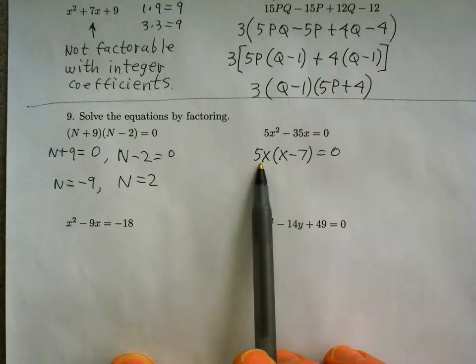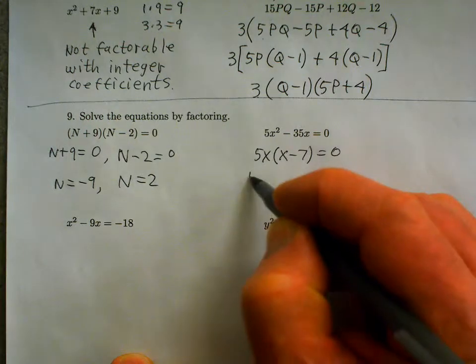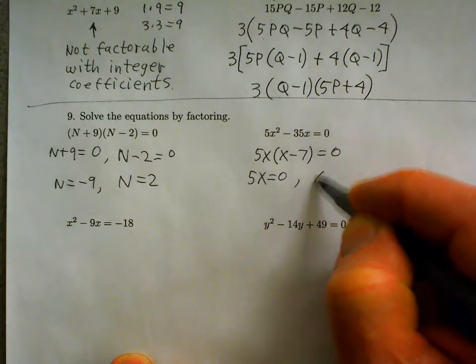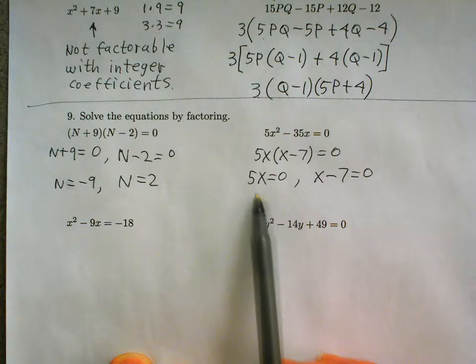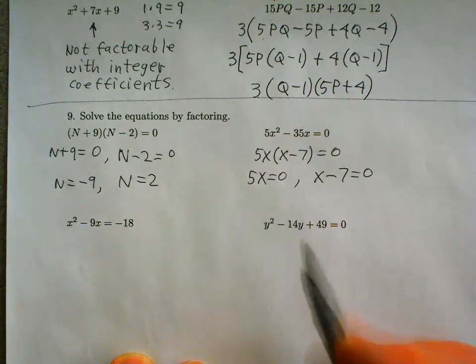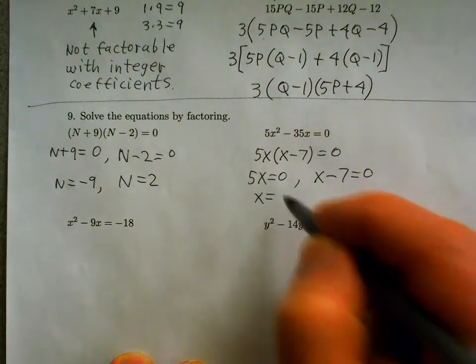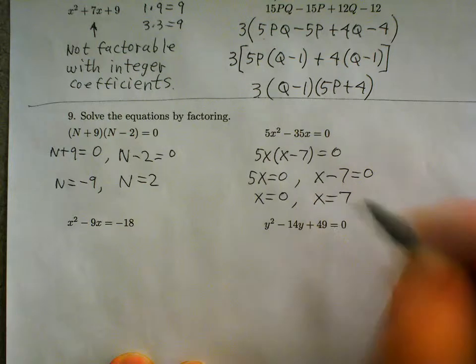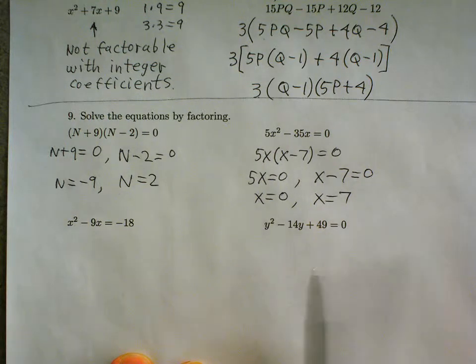So what we can do is set each of the factors equal to 0. 5x equals 0 and x minus 7 equals 0. If 5 times x is 0, we can divide both sides by 5. 5x divided by 5 is x. 0 divided by 5 is 0. And then the other one adds 7. So the two solutions are x equals 0 and x equals 7.